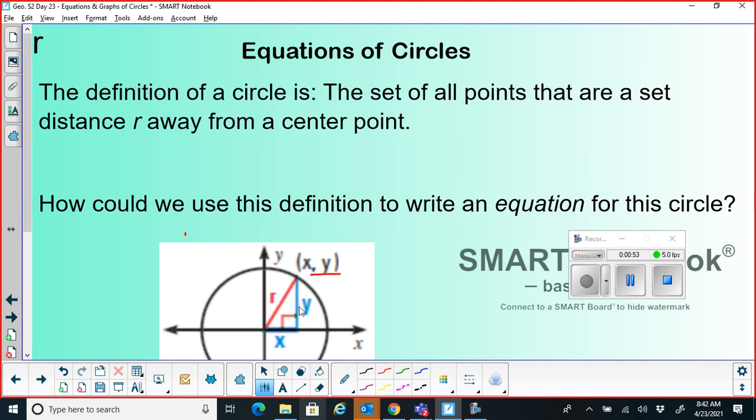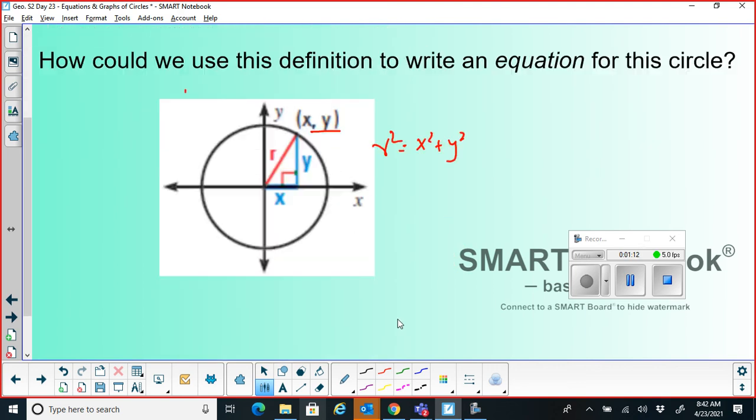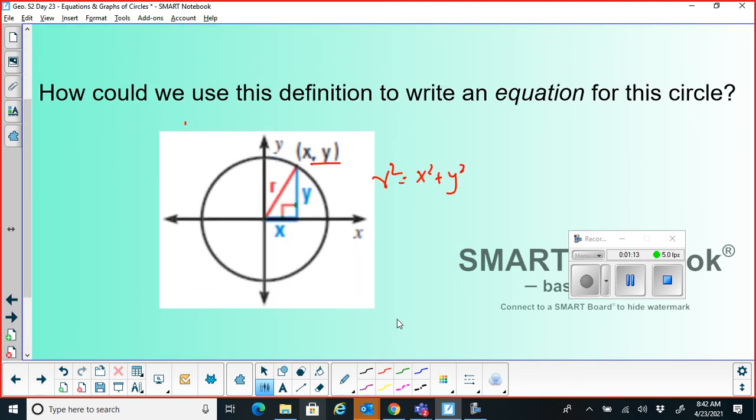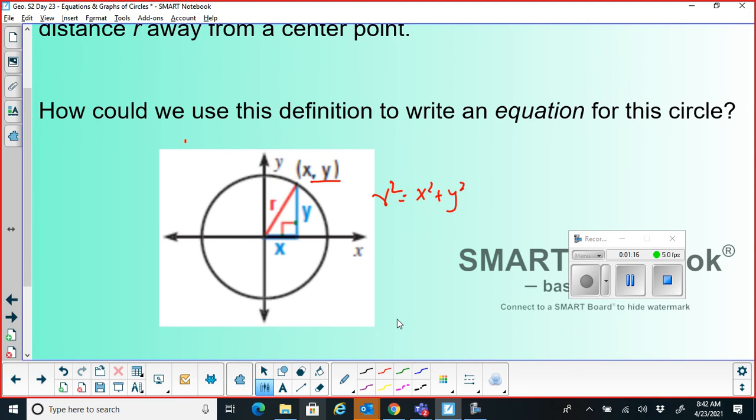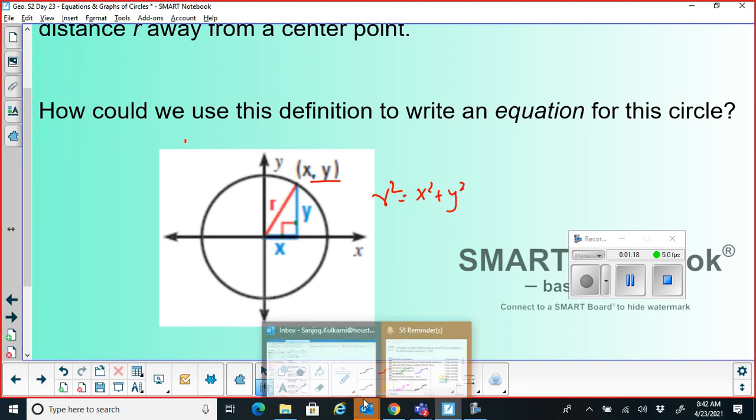Using Pythagoras theorem, I can say that r square is equal to x square plus y square, where x comma y is any point on the circle with the coordinates x and y. So every point on the circle will satisfy this particular equation of r square equals x square plus y square.